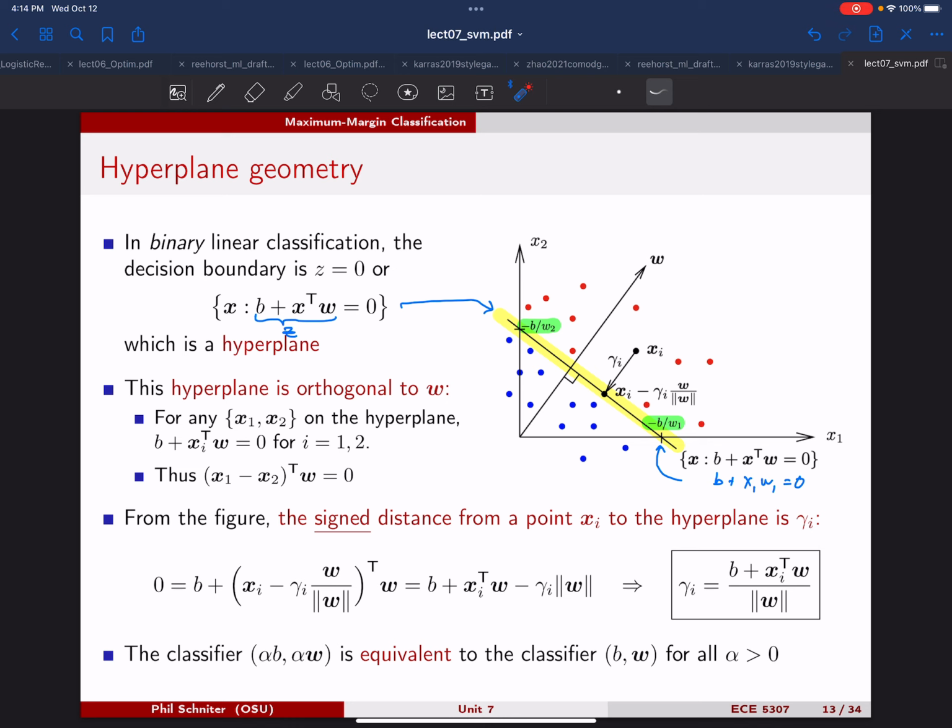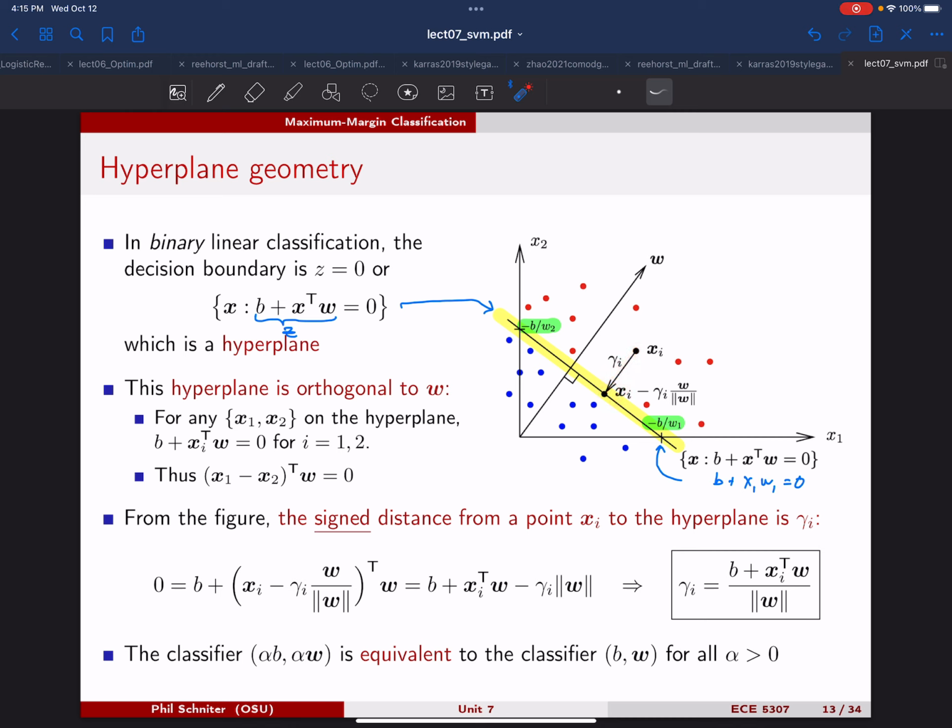When we measure distance from a point to a plane, essentially we want to go right in the direction towards that plane. If I want to measure the distance from xi to the plane, I don't want to be measuring this distance, which is not orthogonal to the plane. I want to be measuring the closest distance to the plane, which means there's a right angle here.